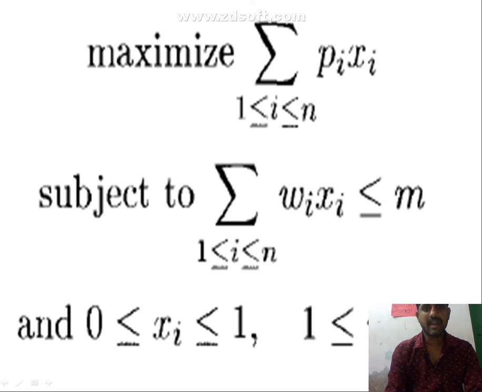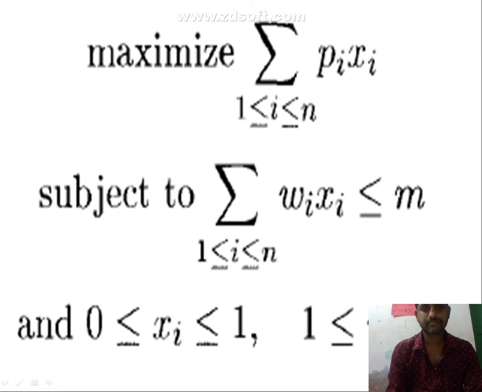Maximize the sum over 1 less than or equal to i less than or equal to n of pi xi, subject to the constraint that the sum over 1 less than or equal to i less than or equal to n of wi xi is less than or equal to m, and 0 less than or equal to xi less than or equal to 1, for 1 less than or equal to i less than or equal to n.